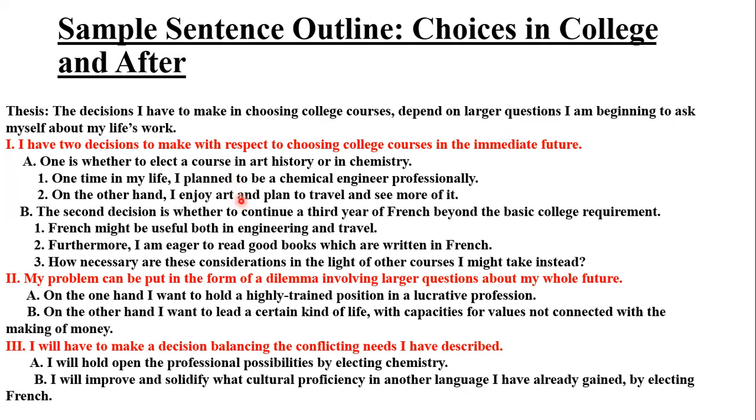This is called the sentence outline. Dear students, both types of outlines are mandatory to learn for creative, scientific, or other types of writers, because on different occasions you require a different set of outlines.